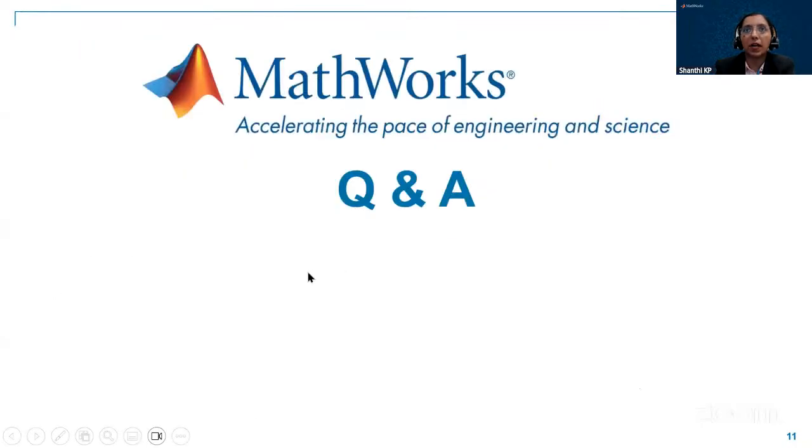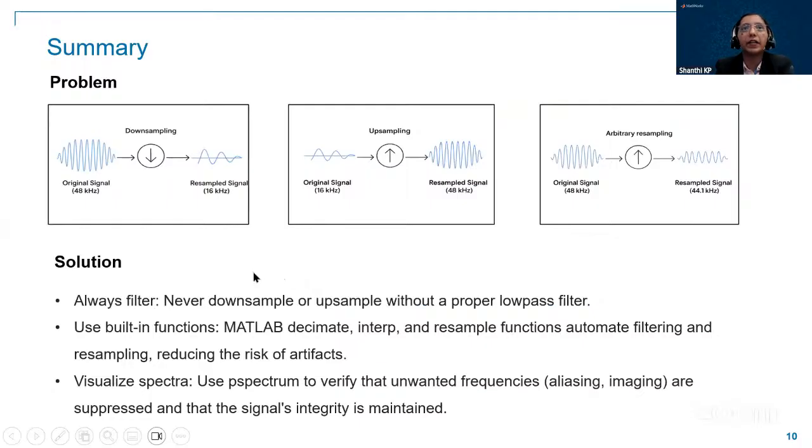Just to summarize what we did in today's tutorial. We had an engineering problem on how to convert signals between different sample rates, with a constraint that we need to avoid distortion or artifacts, but still maintain efficiency and fidelity. This was the engineering problem we tackled today in MATLAB.